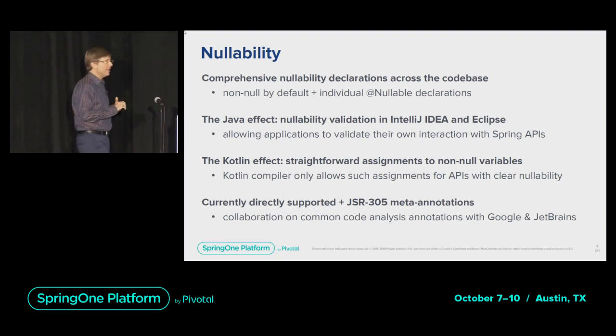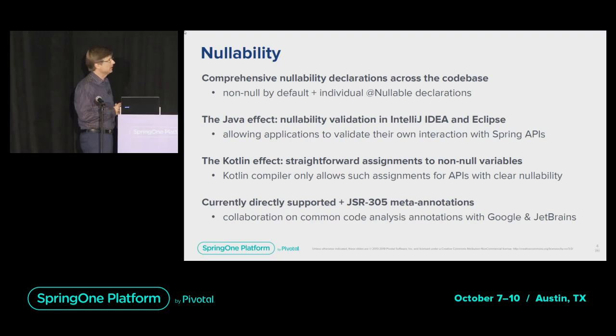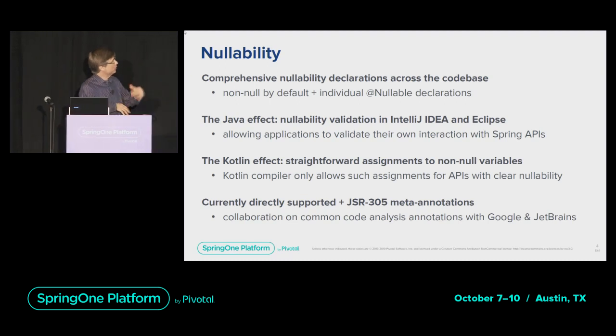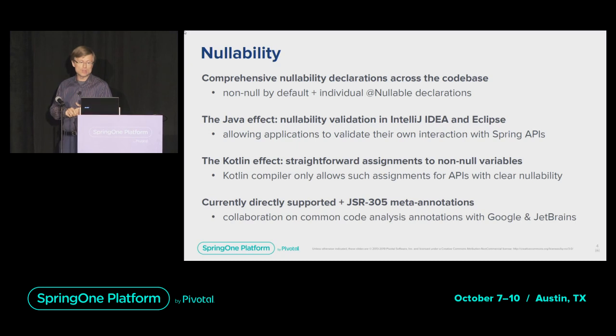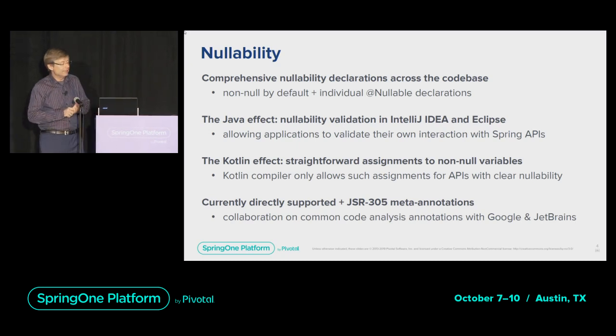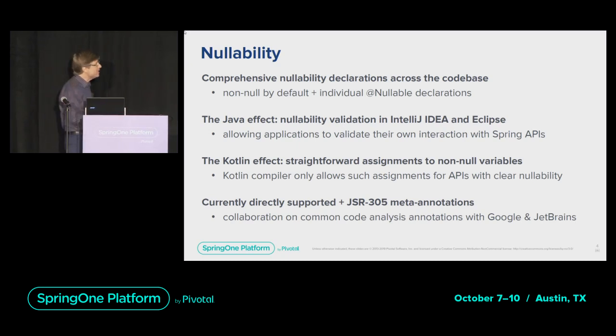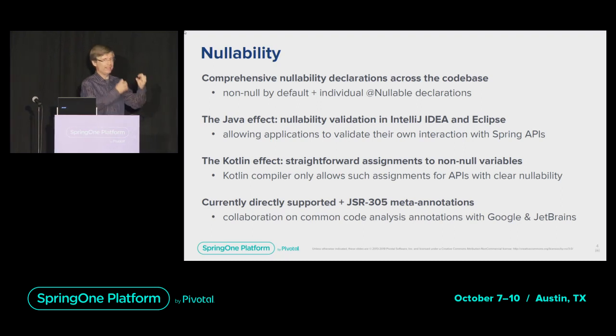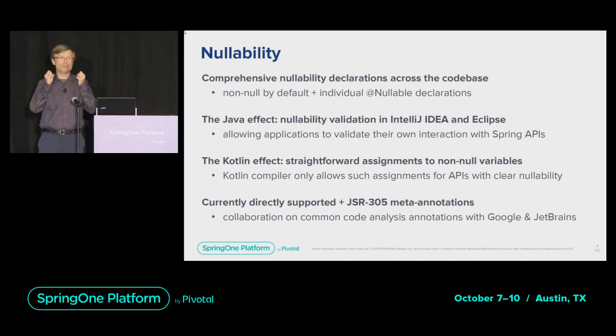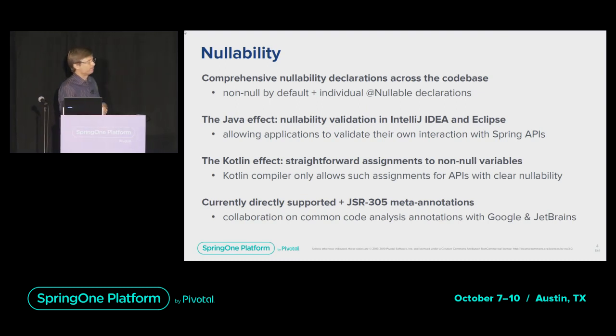We didn't really have much of an upfront plan before Spring Framework 5. This kind of evolved during the Spring Framework 5 preparations, where we encountered a need for hard, strict declarations of nullability, of nullable arguments, of nullable return values, all over our API surface initially.